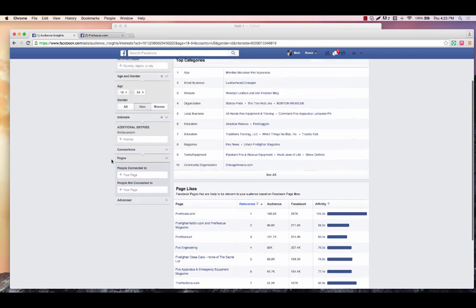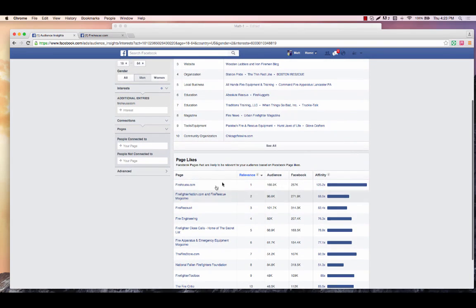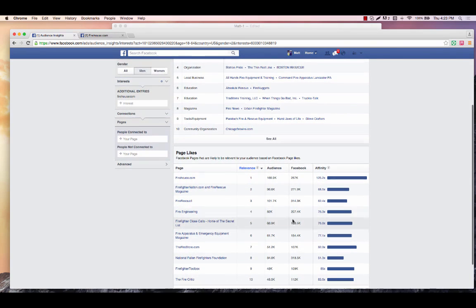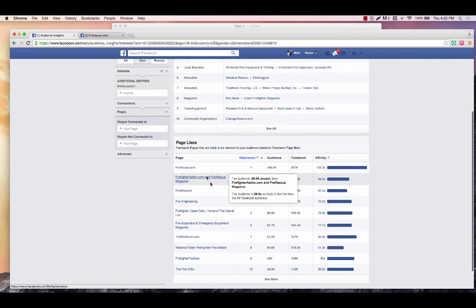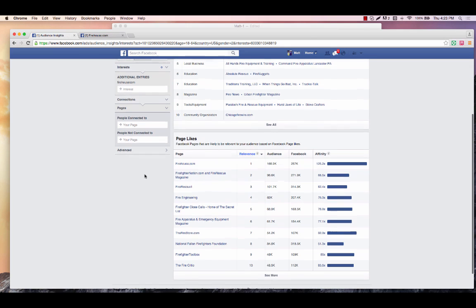So, you can see that Firehouse.com is the number 1 here, of course. And then we have tons of great interests, everything on here says fire. And we are going to use these interests in the coming sections once we get our store built and once we start running ads.